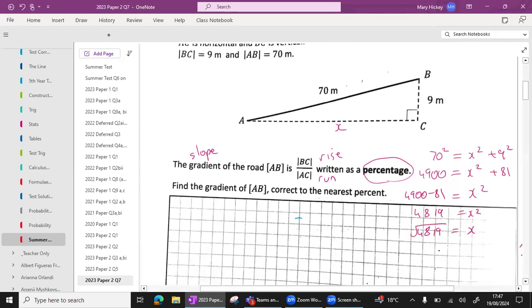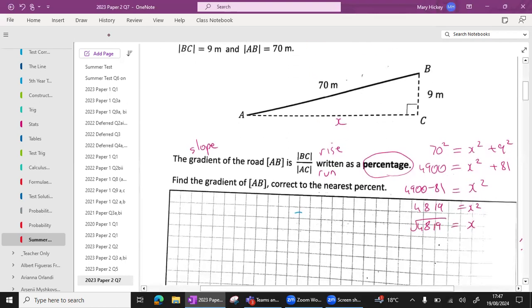I'm not going to bother calculating that until the final step, because I'll get a more accurate answer if I'm not rounding it to a decimal now. So to get the gradient, I'm going to do BC over AC, so 9 over the root of 4819. Then I multiply by 100 because it tells me to do it as a percentage.